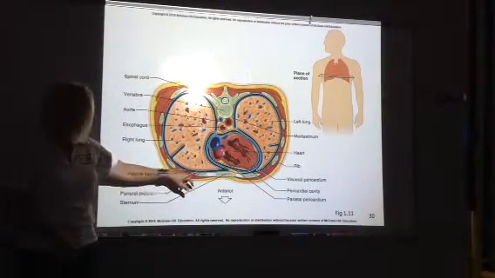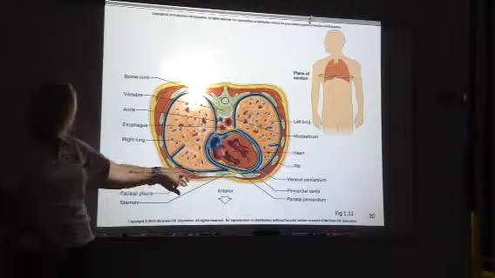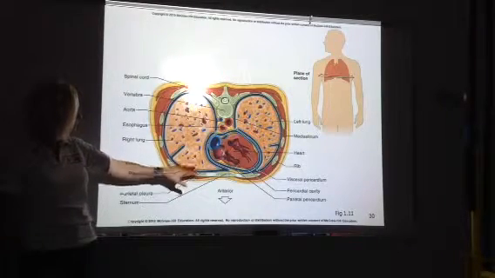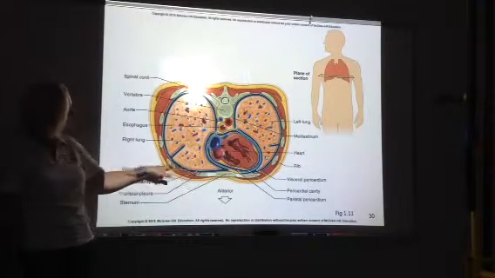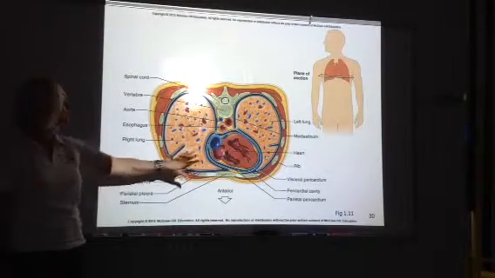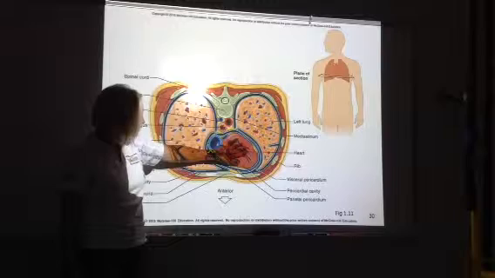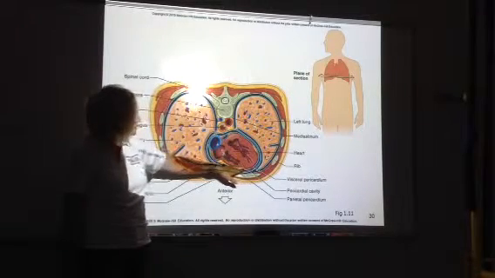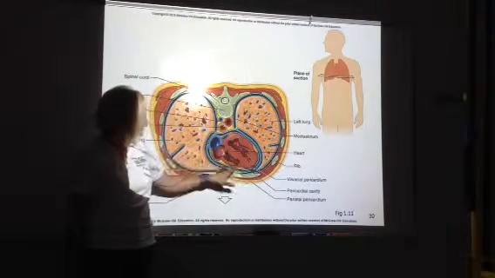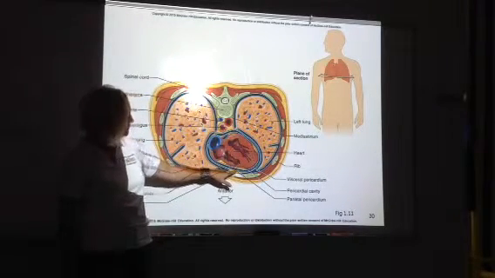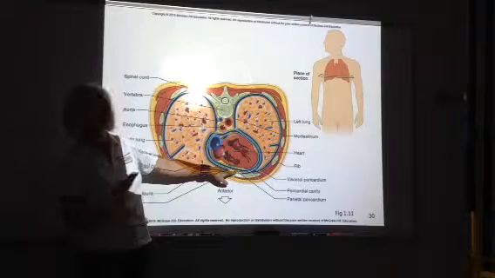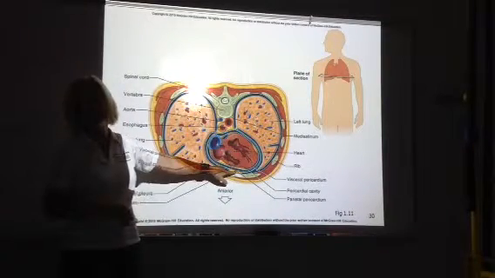So visceral is going to attach to my lungs, and parietal is going to line the cavity outside of my lungs. Exact same thing with my heart. Here's my heart. Visceral attaches to it. You're going to have fluid around your heart, and then you're going to have the parietal pericardium lines the outside.